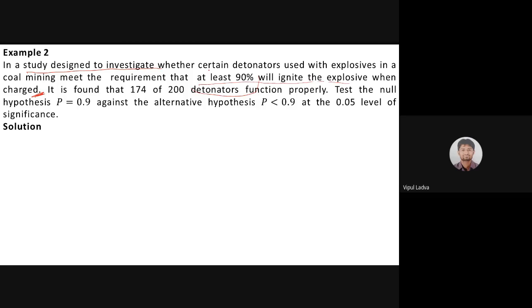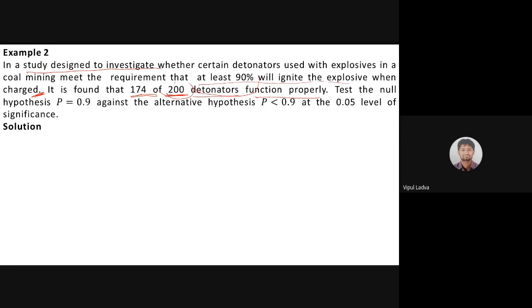Based on this, at least 90% of the detonator will work properly, will explode properly. It is found that 174 out of 200 detonator functions properly.